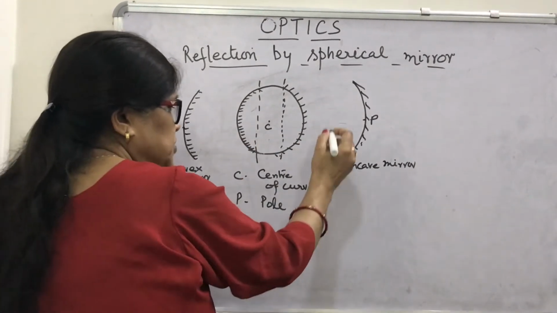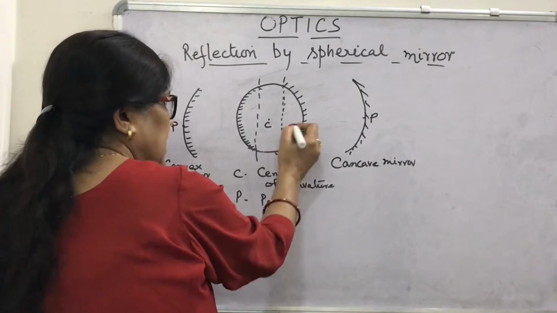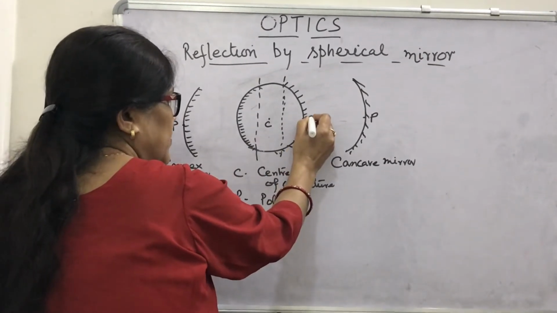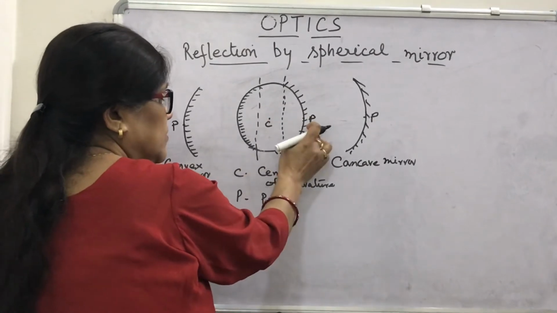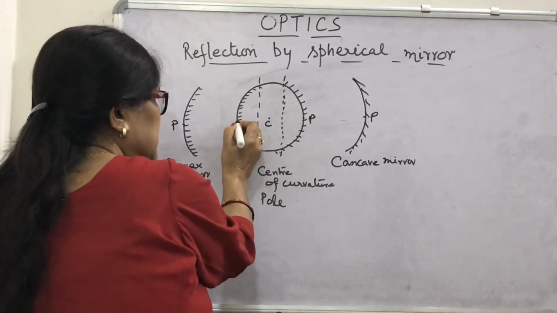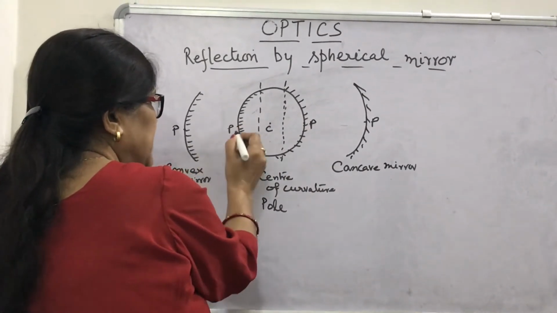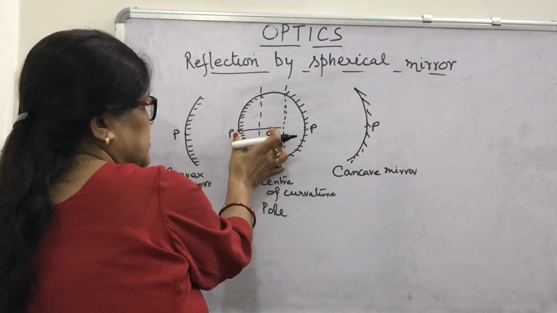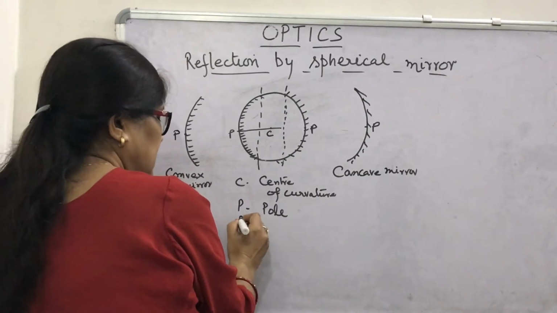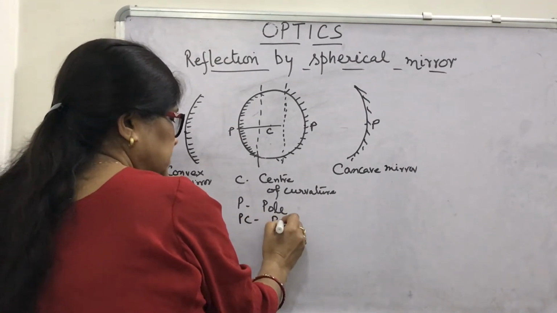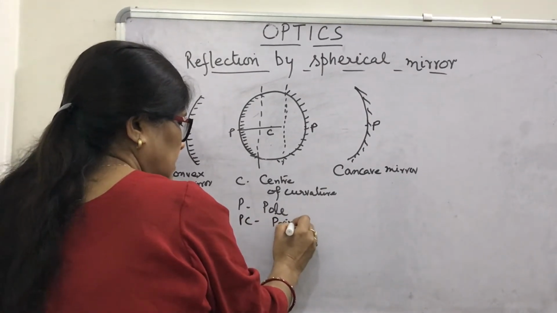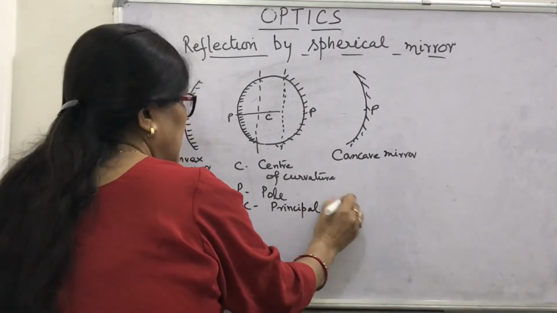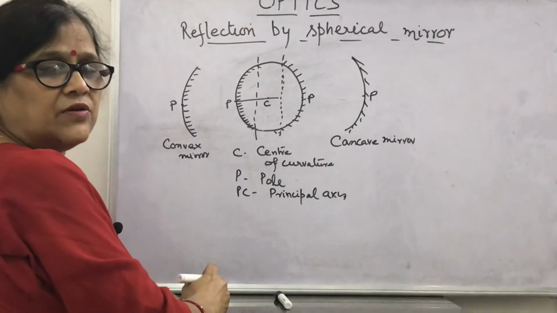The line joining the pole and the center of curvature: if this is the pole for the concave mirror, and this is the pole for the convex mirror, then this will be the line joining. This is called PC. The PC line is called the principal axis. So what is the principal axis? The line joining the pole and the center of curvature.